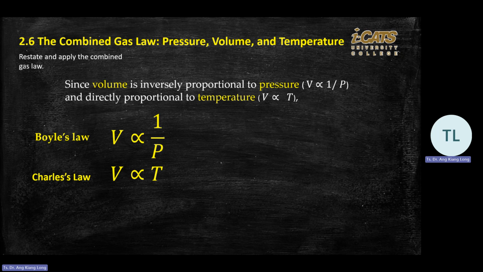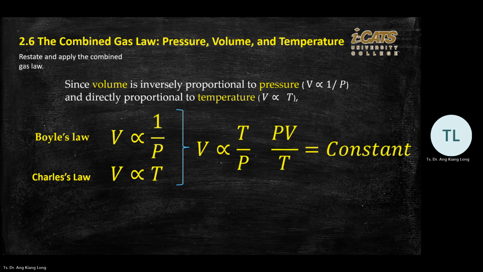You combine these two, right? You get PV divided by T equal to a constant. This is when you see the question asks you to use the combined gas law.